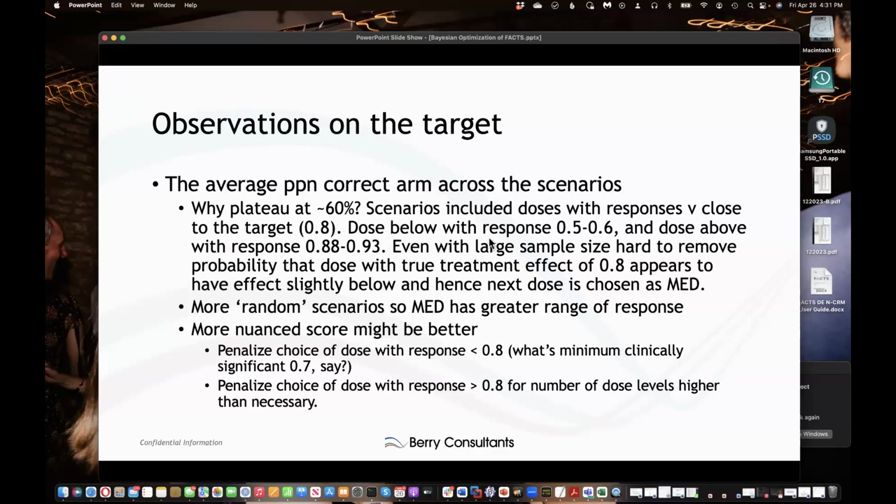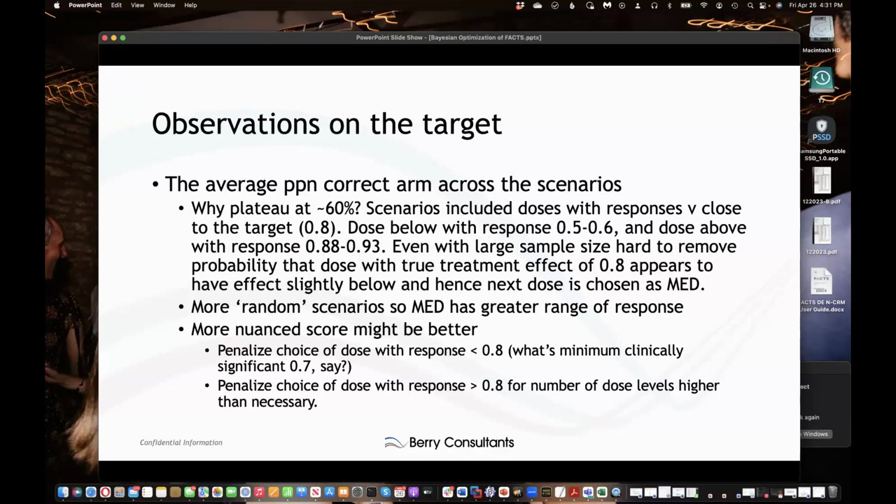And typically the dose below it would have a response of about 0.5 to 0.6, and the dose above with a response of about 0.88 to 0.93. And even with large sample sizes, it's hard to remove the probability that the dose with the true treatment effect of 0.8 appears to have a treatment effect slightly below that, and hence it chooses the next dose as the MED.